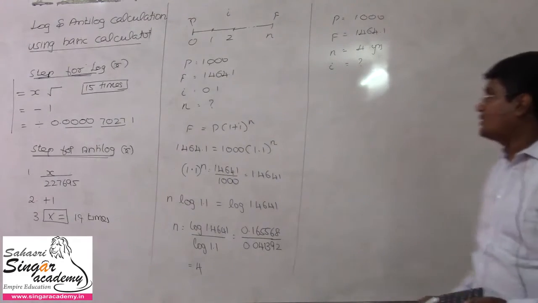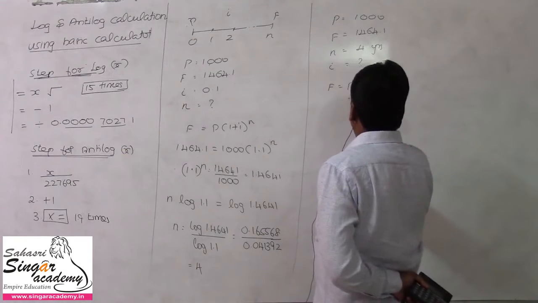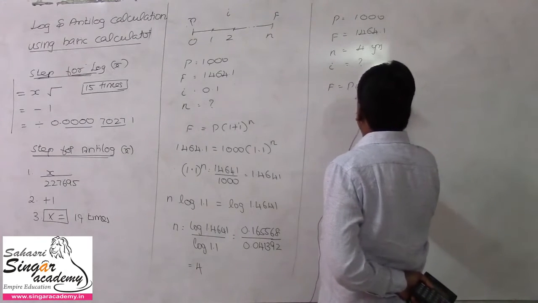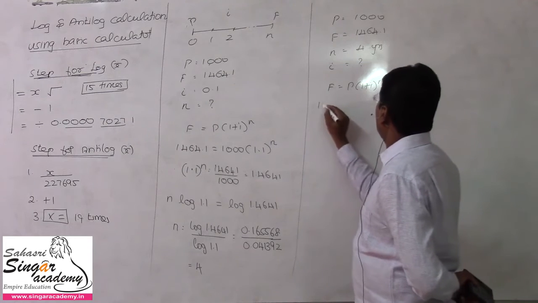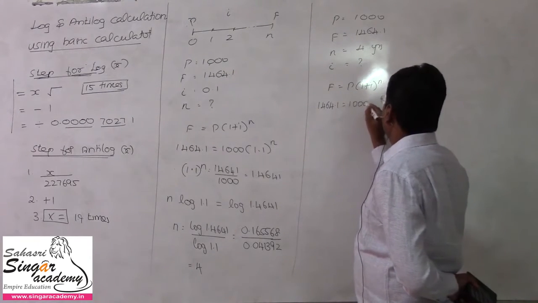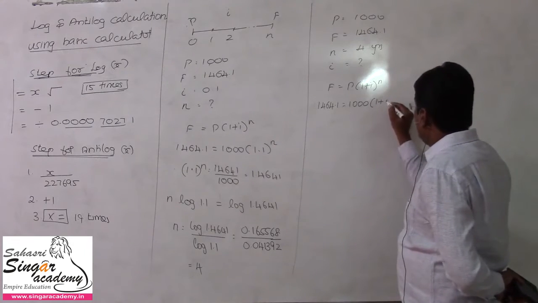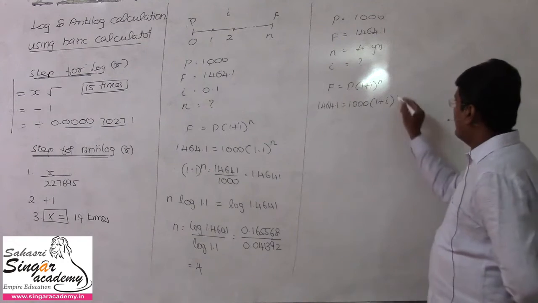Again I am going to depend on the same formula. F is equal to P into 1 plus I to the power N. F, 1464.1 is equal to 1000 into 1 plus I, I don't know the I, to the power n, 4.